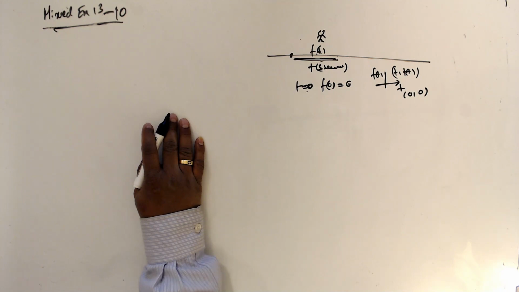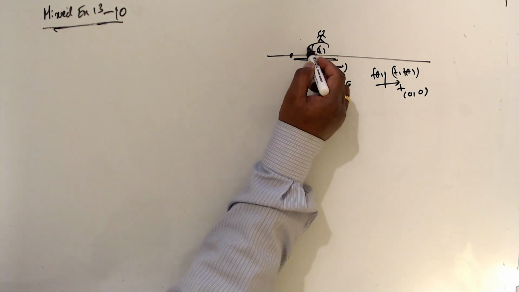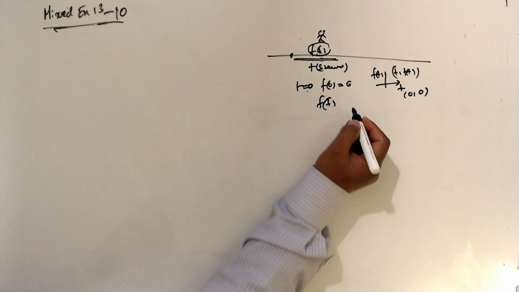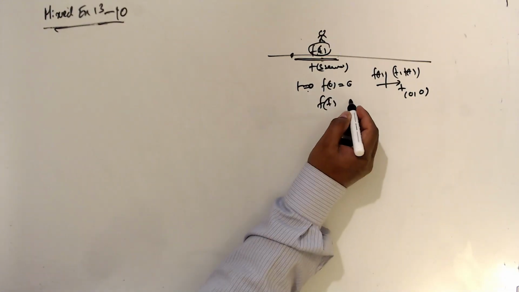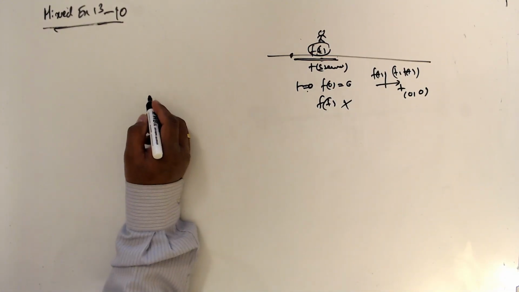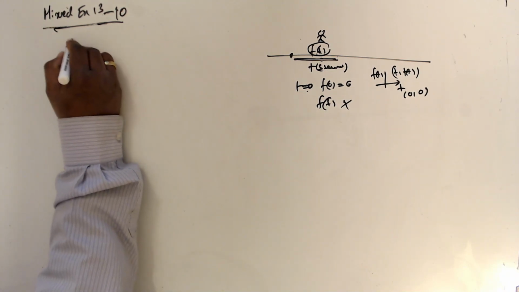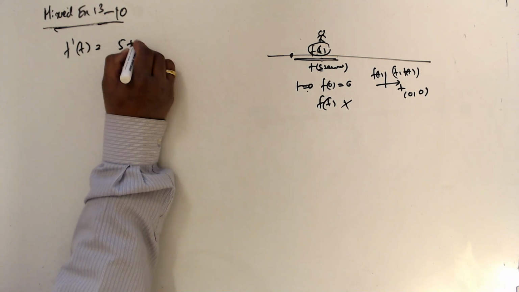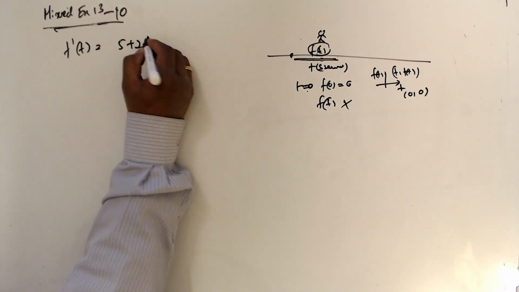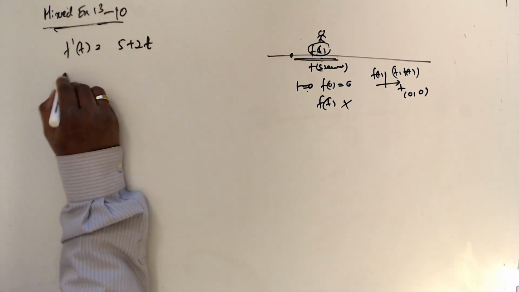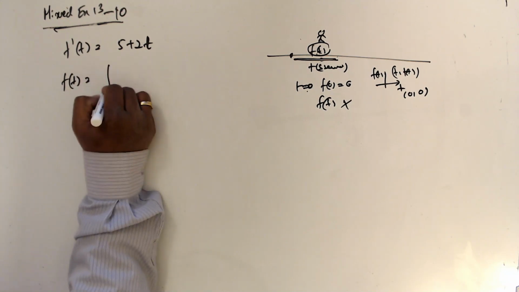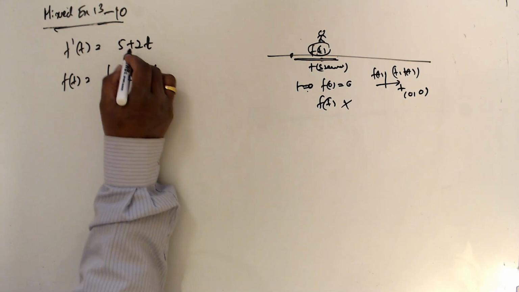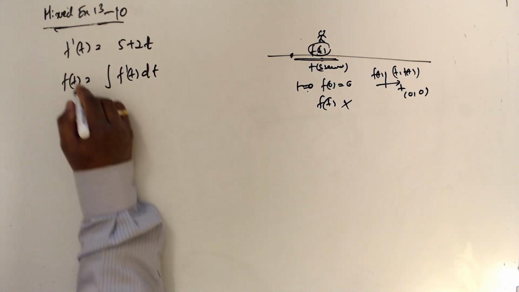Now we want to find the expression for f(t), the distance. But we don't know f(t). But we have f'(t) given, the gradient function, 5 plus 2t. Then when you integrate, we can get the function.